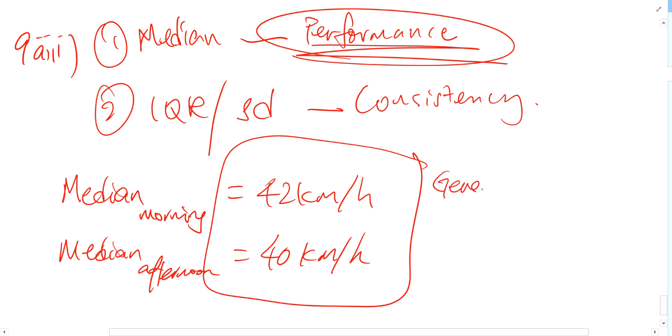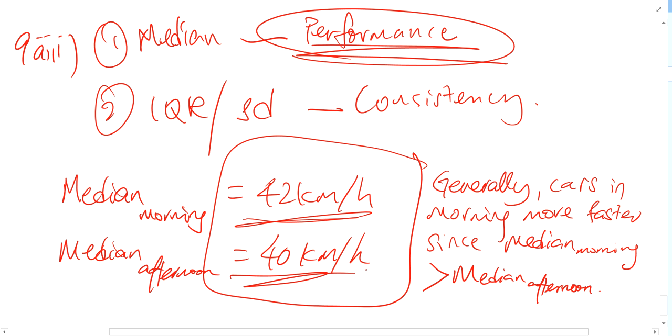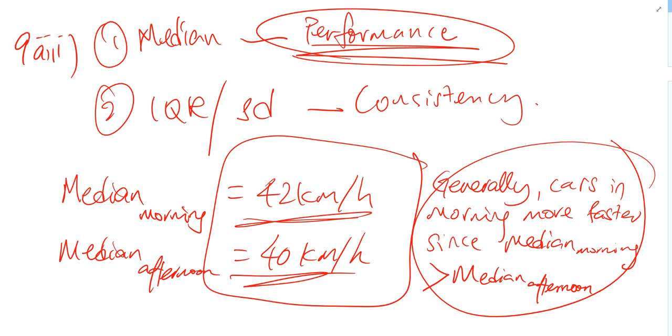Generally, cars in the morning move faster since median morning greater than median afternoon. Okay, so you state down the values, then you write down the statement. Any questions? Quite simple, right?